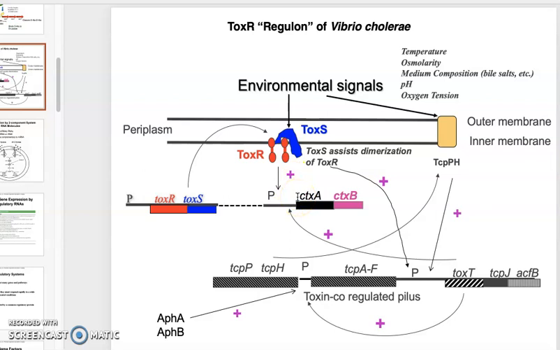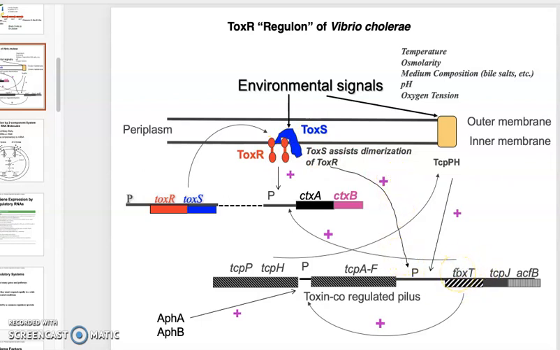There's no reason for Vibrio cholerae cells to be pumping out cholera toxin while they're swimming around in an estuary, for example. So it's only when the cells are inside the duodenum do they really need to pump out cholera toxin. The other thing that this ToxR-ToxS interaction does is it activates expression of ToxT over here.